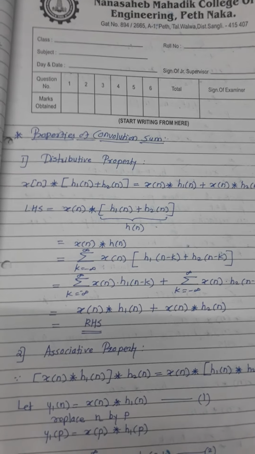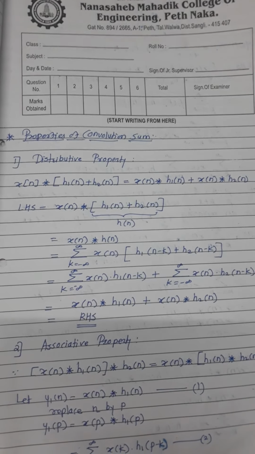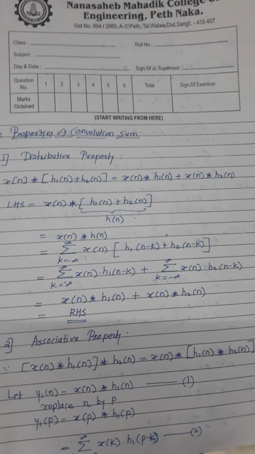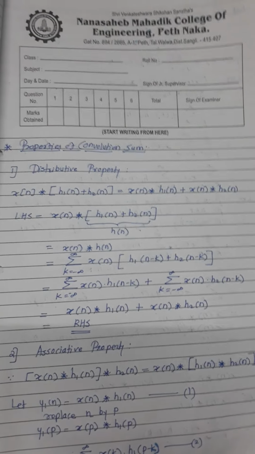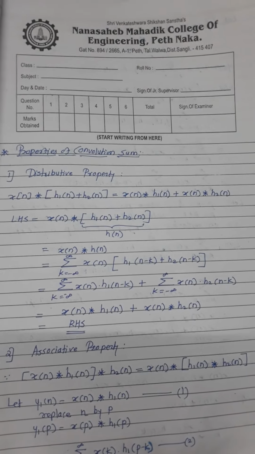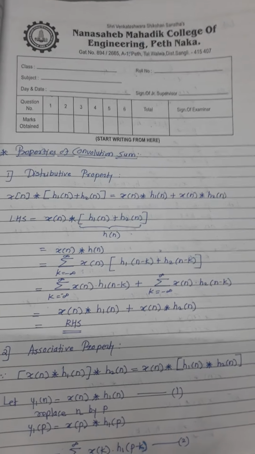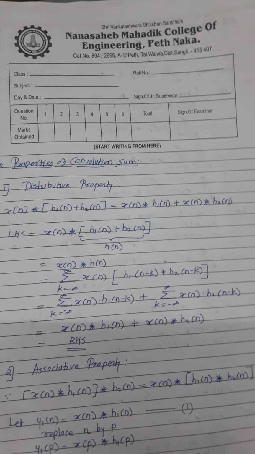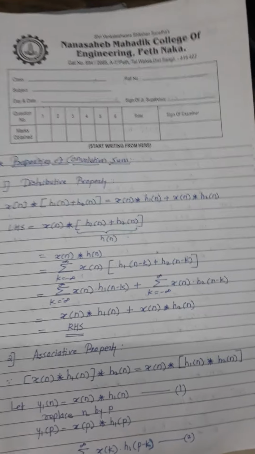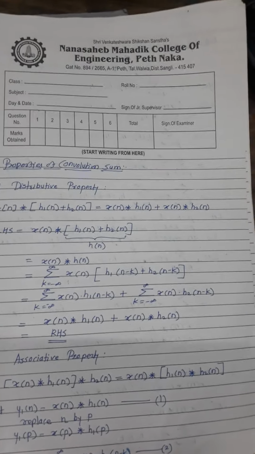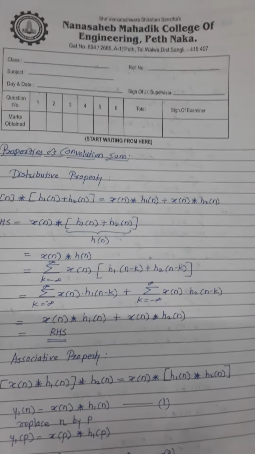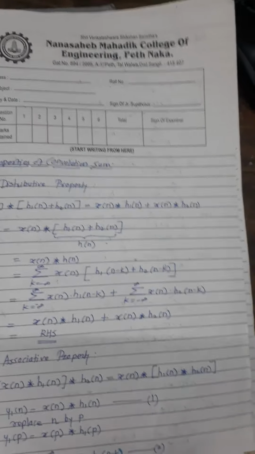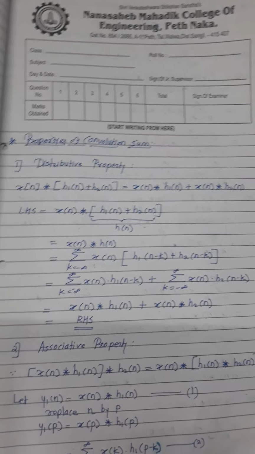So the distributive property is nothing but x of n convolved with the bracket h1 of n plus h2 of n, which is represented by x of n convolved with h1 of n plus x of n convolved with h2 of n. So whatever the value of signal x of n outside the bracket, it is multiplied with each of the two added signals separately and added together.